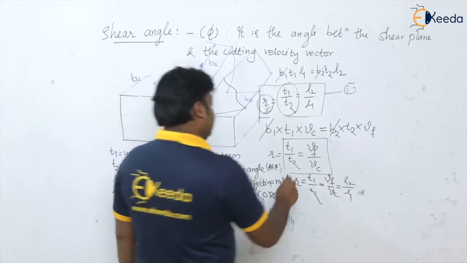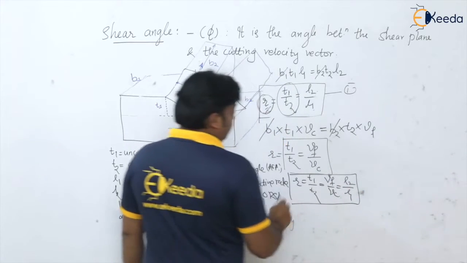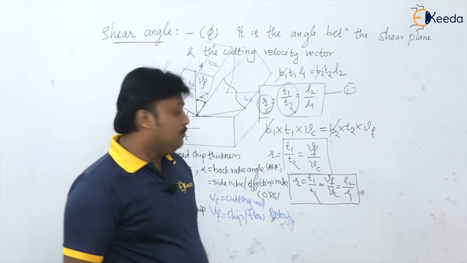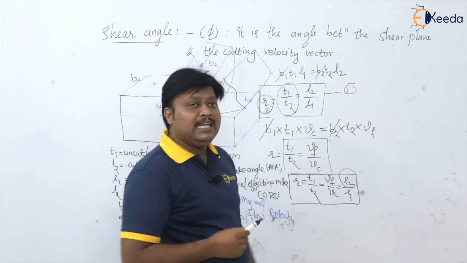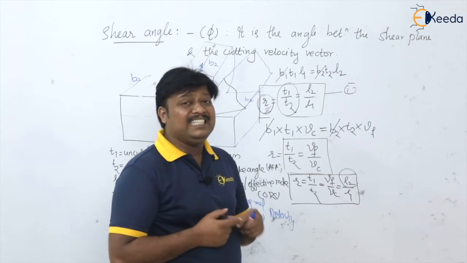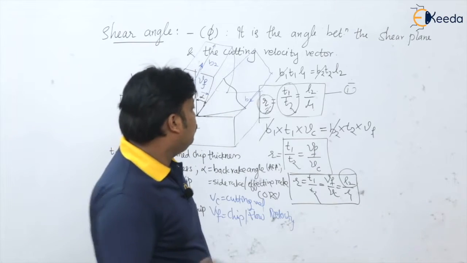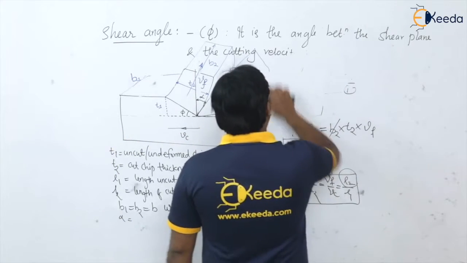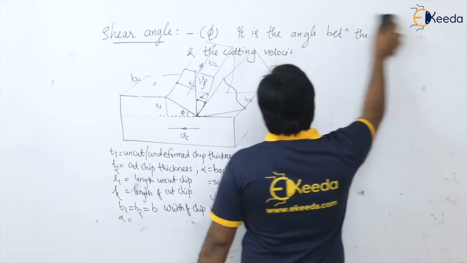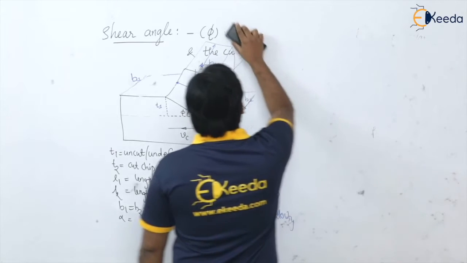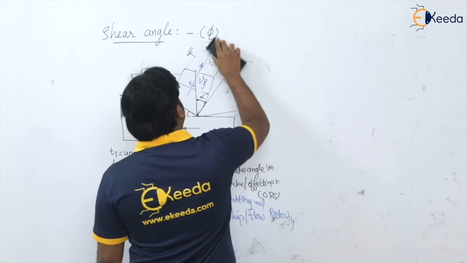So please remember this. Sometimes the cut length of the chip is not available with us. In that condition, what can we do? We can use the weight of that chip.